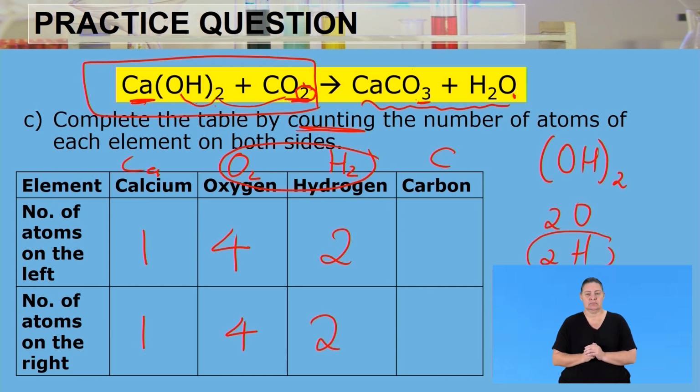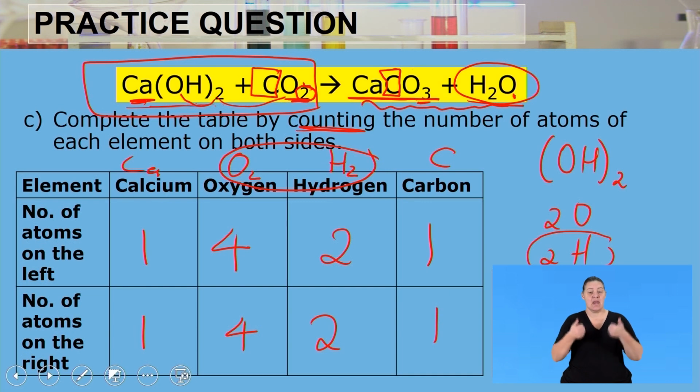Then carbons. Left-hand side, we don't have any carbons here, and our carbon is only this one here. So it's only just the 1 carbon. Right-hand side, our carbon in the calcium carbonate is only just that one. So we also have 1 carbon on the right-hand side.